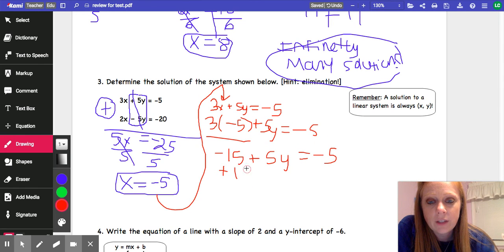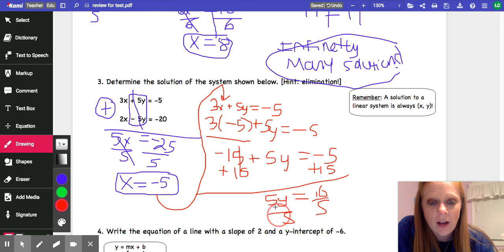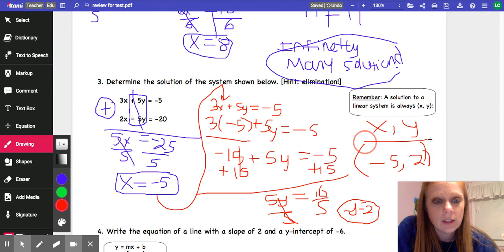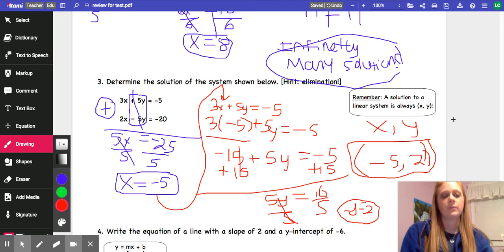Let's add 15 on both sides. 5y equals 10. Divide both sides by 5, and we get y equals 2. Our final answer goes x comma y. So let's see, our x is negative 5 and our y is 2. So our solution is negative 5 comma 2. Okay.